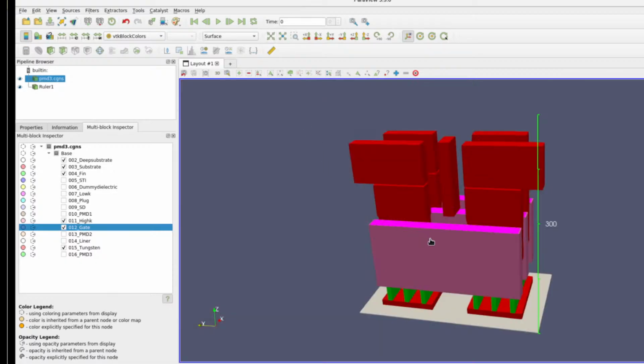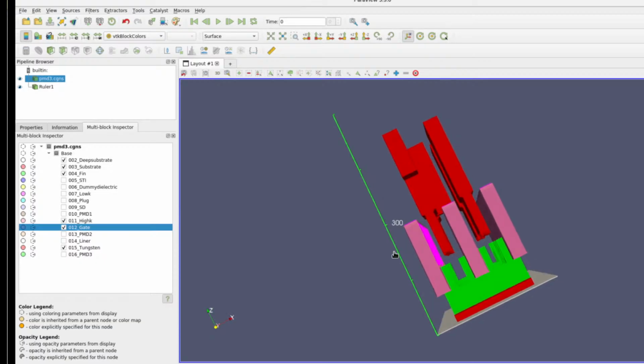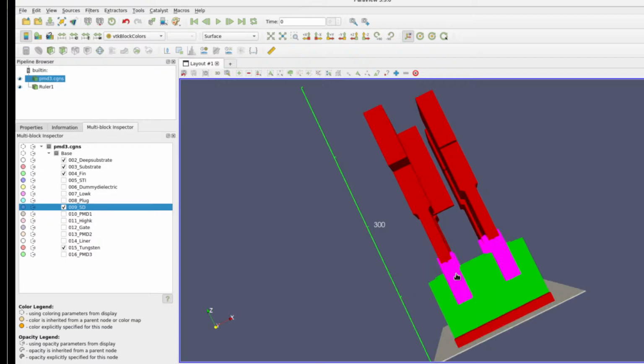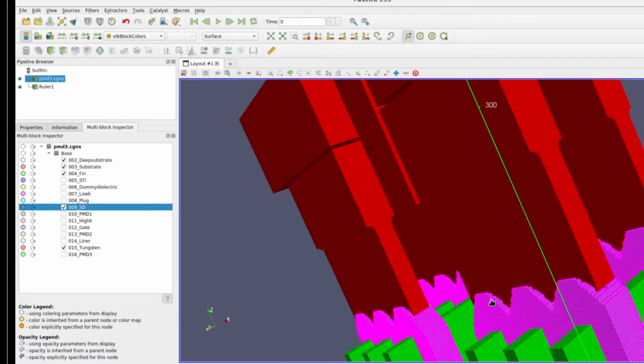Other ones, you can find them here, and they are actually connected to this source and drain.